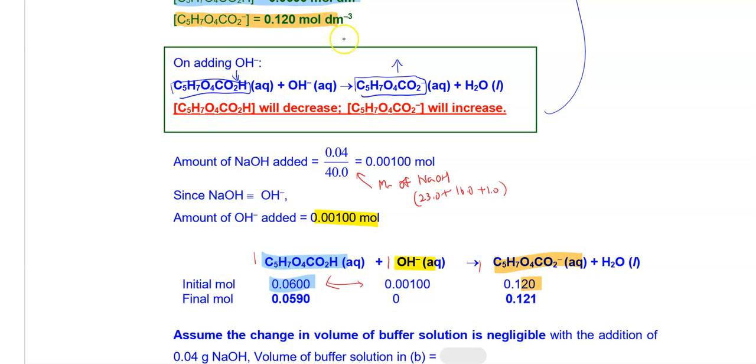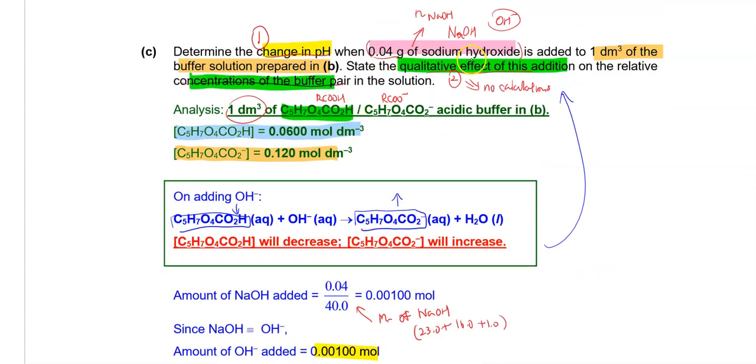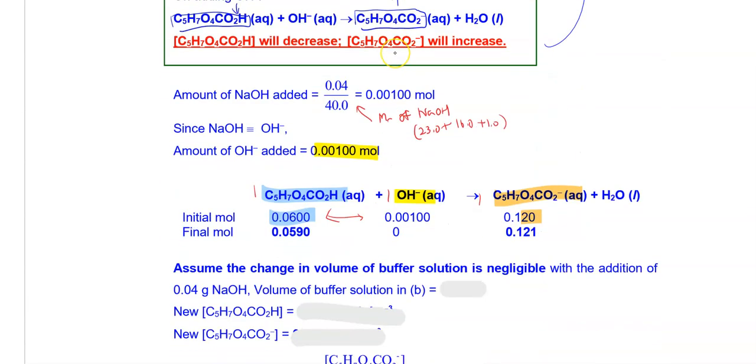Given that we added in 0.04 grams of sodium hydroxide, we have to assume that this is going to be solid. We assume that any change in the volume is negligible, because we're not adding a solution, we're adding a solid. So there's no significant change in the volume of the buffer solution. The volume will still be 1 dm cube.